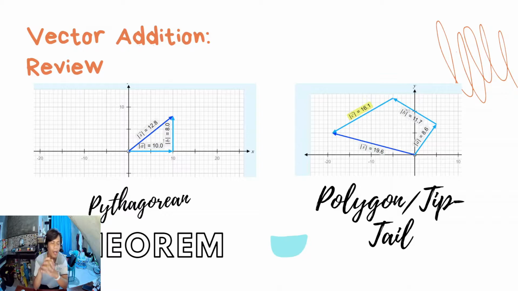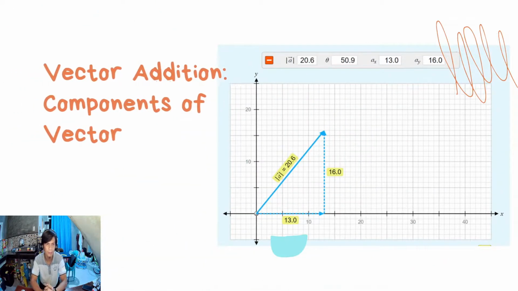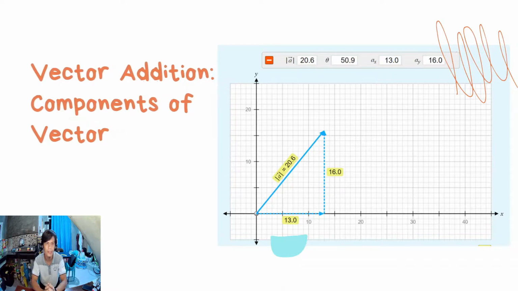Now, are you ready to learn the third method of adding vectors? Well, sit back and relax as we proceed with the third and the most versatile way of finding resultant vectors, and that is using components of the given vectors.